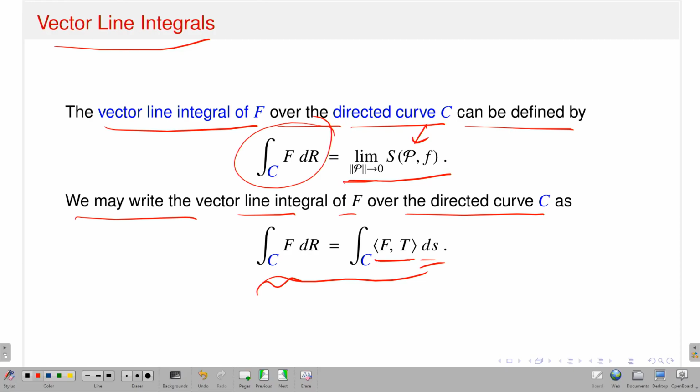This is the scalar field, inner product F comma T. So the left hand side is the vector line integral, integration C F dr, which is nothing but the scalar line integral of the scalar field, this one. That means this is your function, F inner product T, the corresponding function from some domain subset of Rn to R, and I am talking about the line integral of this scalar field, and it is nothing but what is called the vector line integral.